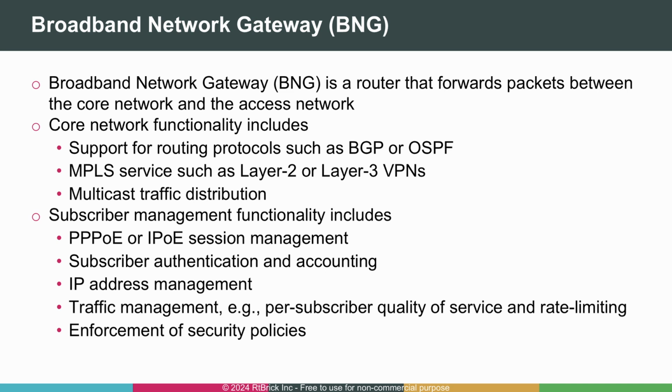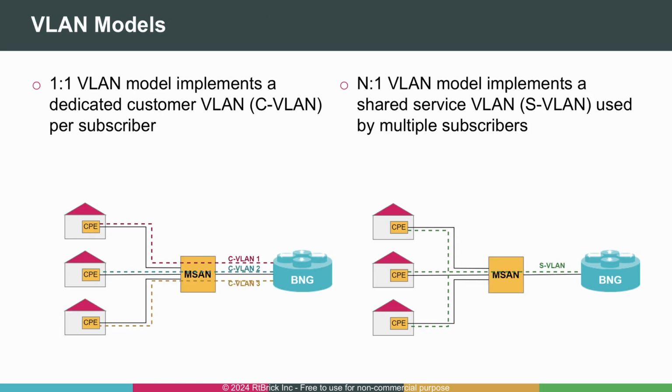Independent of the access technology, an important aspect of the network design is the logical structure of the Ethernet aggregation network. Basically, there are two different VLAN models that can be used: the one-to-one VLAN model and the N-to-one VLAN model.